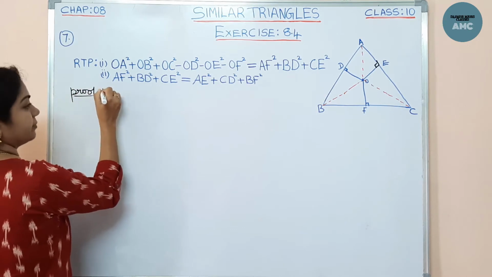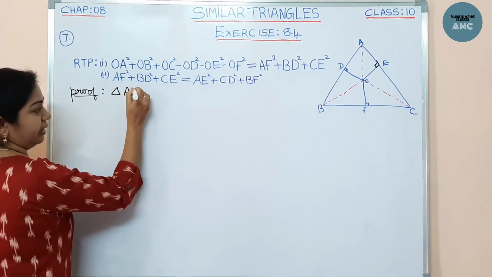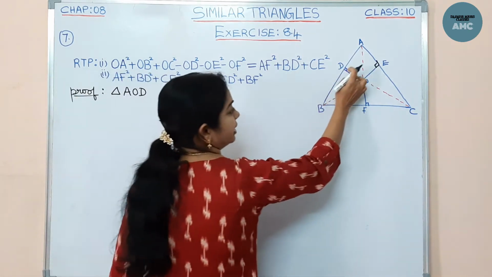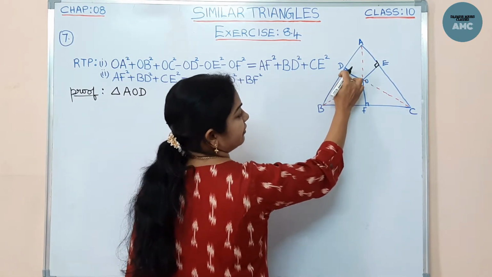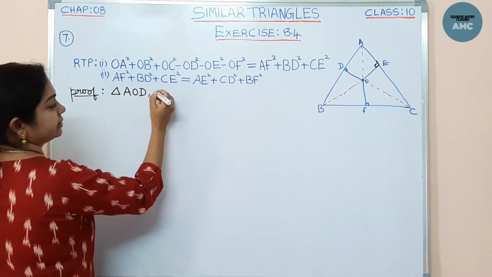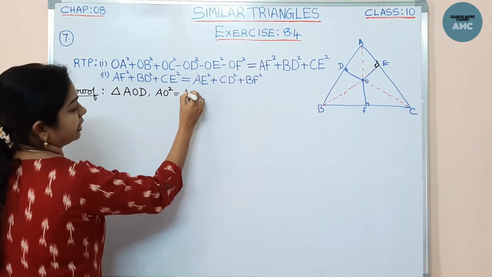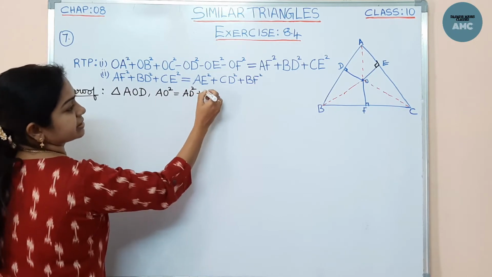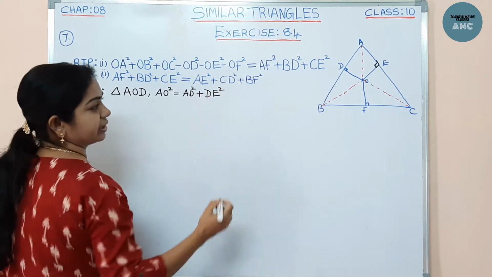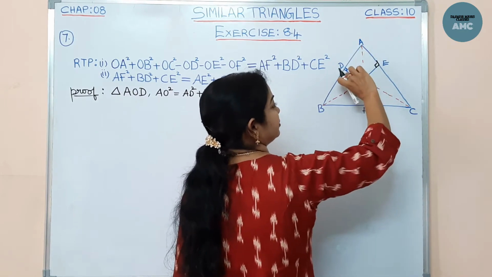Here I'll consider triangle AOD, with A, O and D. In this, the hypotenuse is the side opposite to the right angle. Applying the Pythagoras theorem, the hypotenuse square, that is AO square, is equal to AD square plus OD square.